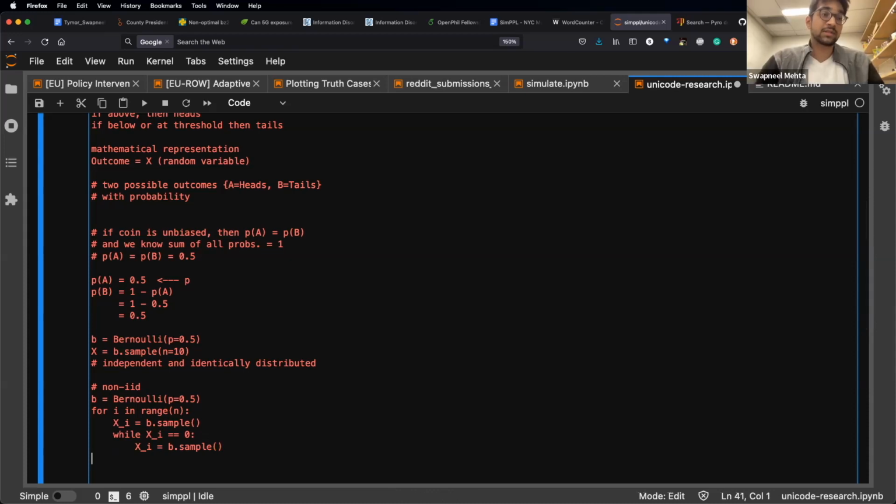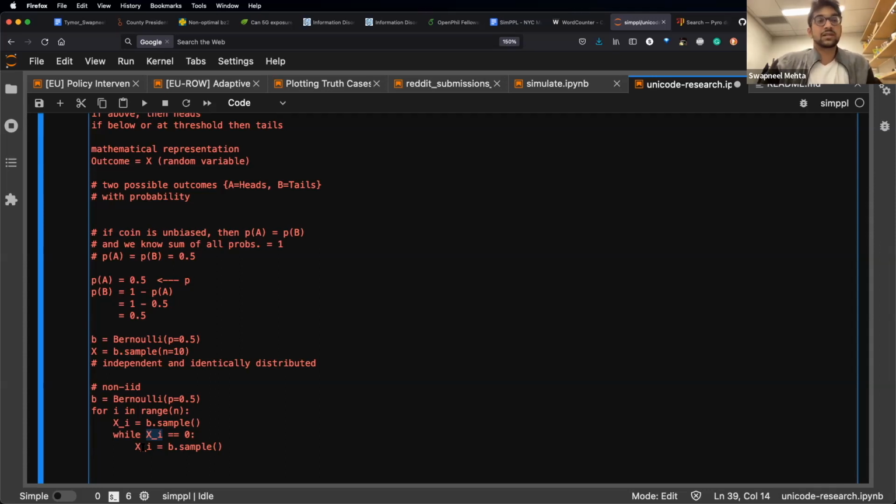So this is correct. This breaks independence because each next sample depends in a sense on the previous sample. If the previous sample is 0, then the next sample will be redrawn. And if the previous sample is not 0, then the next sample is not redrawn. I was going to explain IID in a different sense, where you create a dependency between samples, but this is also breaking independence because your samples are no longer drawn independently.